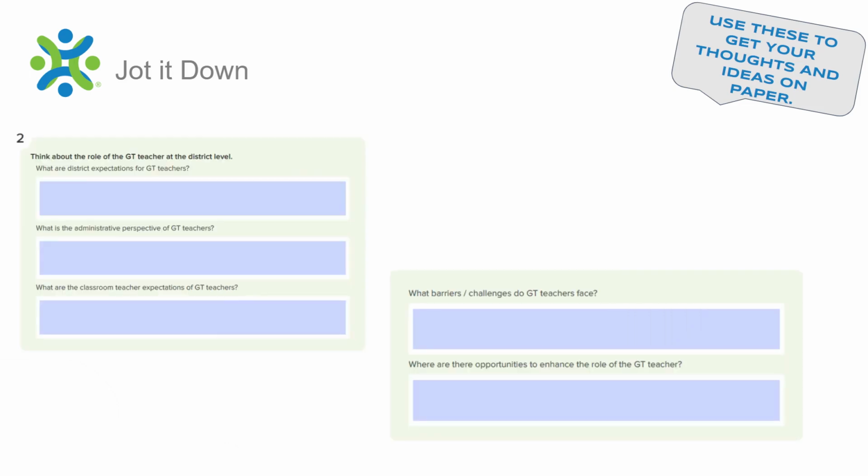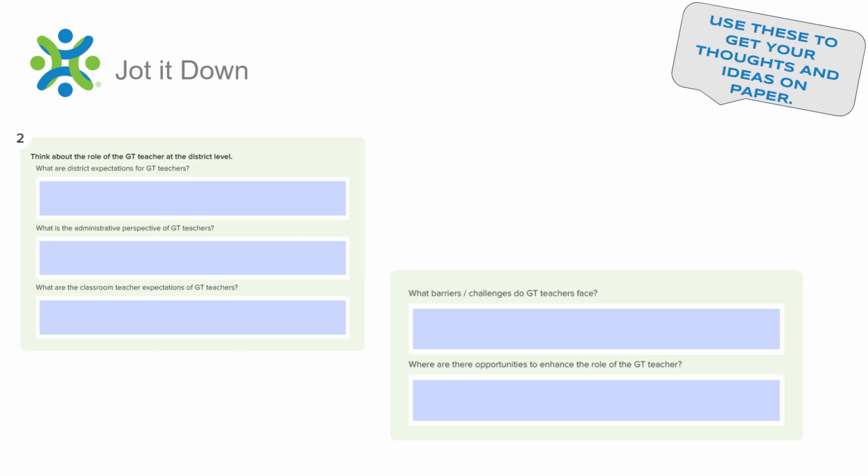While you are exploring the GT teacher, are there district expectations? Are your services provided at a district level so that there is consistency across the campuses, or is it left for each campus to decide how they are provided? One of the concerns about that model is that different campuses will utilize the GT teacher in different ways.